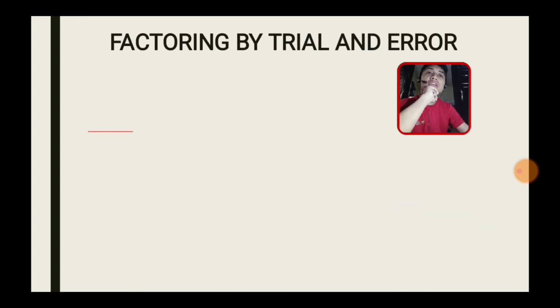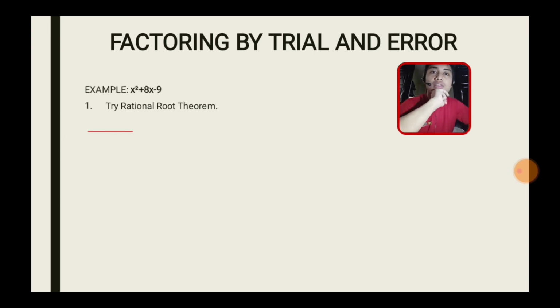So, the last, ito yung sinasabi ko kanina mahirap, factoring by trial and error. Let us try x squared plus 8x minus 9. Pwede naman siya sa factoring, pero try natin dito. So, try rational root theorem.